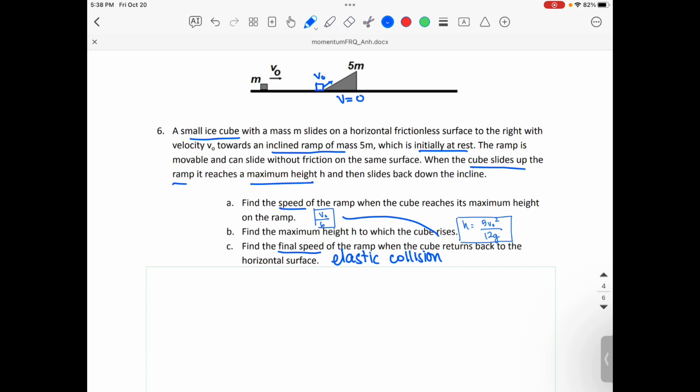We can use our memorized equation. Since we're trying to find the ramp, I'm going to call this object 2 and the cube object 1.